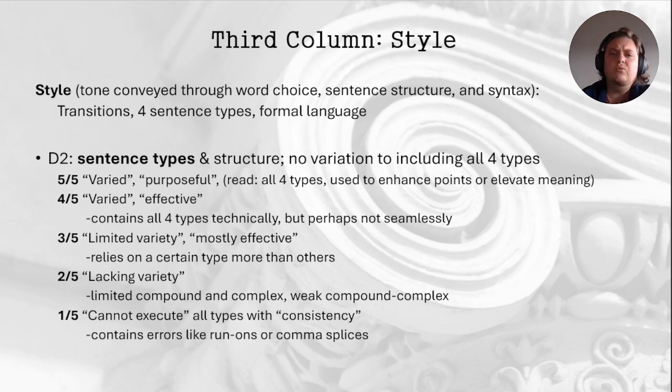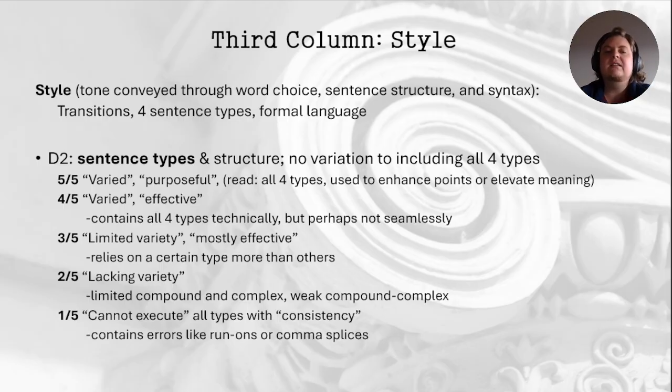The second row is on sentence types and structure. So that goes from no variation, meaning you just have the same sentence structure over and over again, to including all 4 sentence types. So that would be a 5 out of 5, the varied and purposeful use of all 4 sentence types.